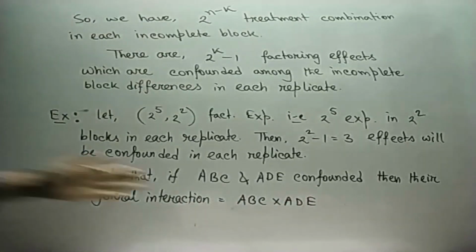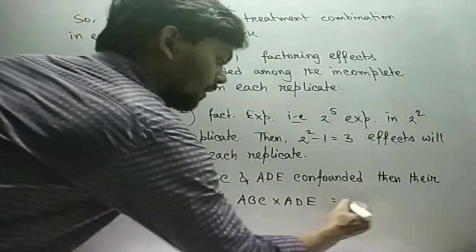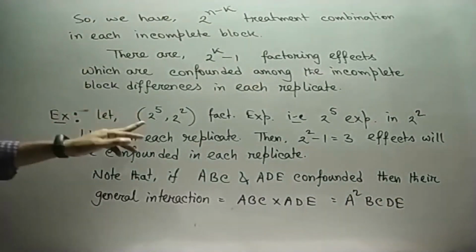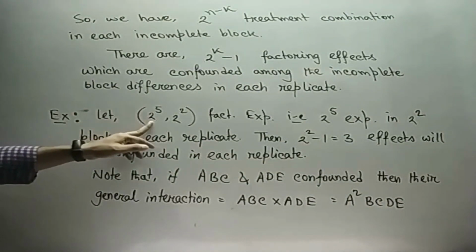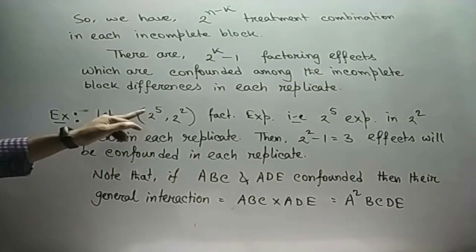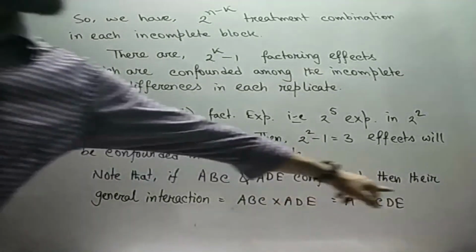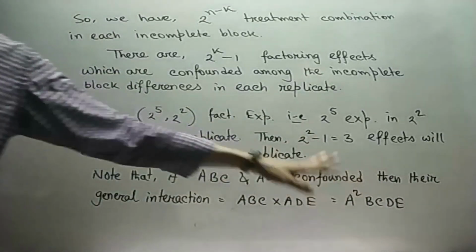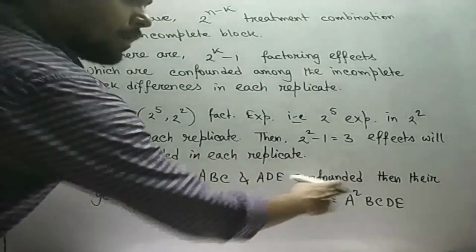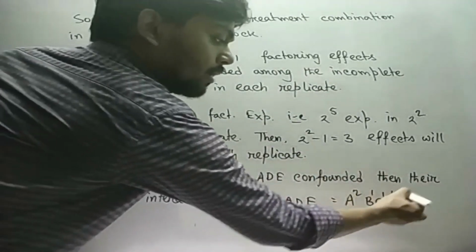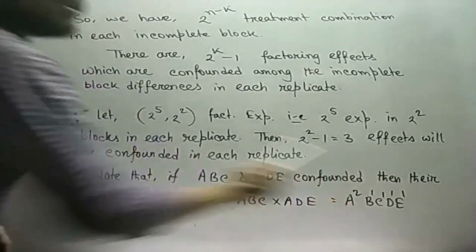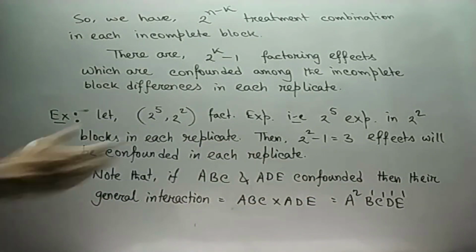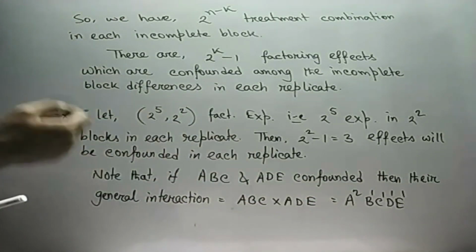If we simply multiply this, we get A square BCDE. But it is a 2 to the power 5 factorial design, so each factor has 2 levels. We just have to take the powers modulus 2, that is, divide by 2 and take the remainder only.